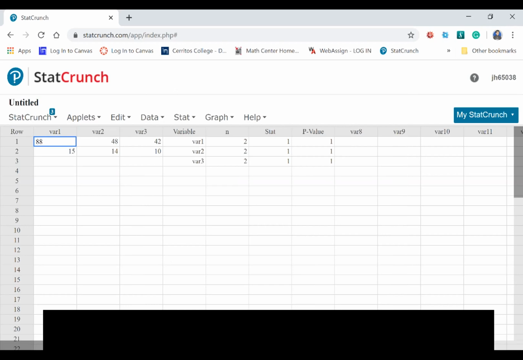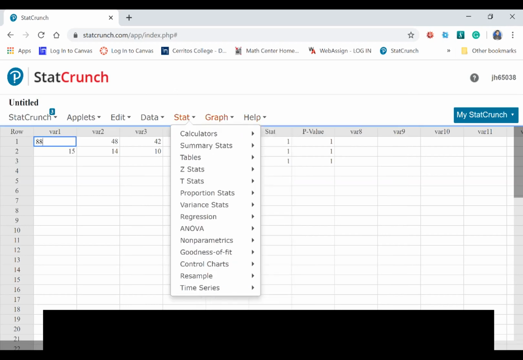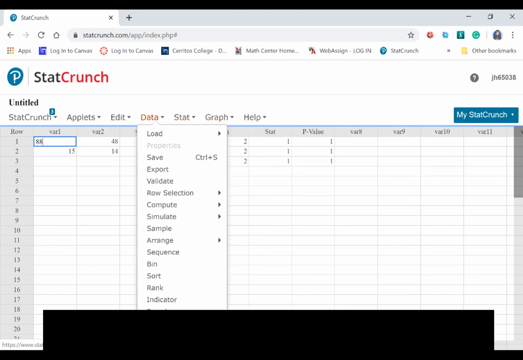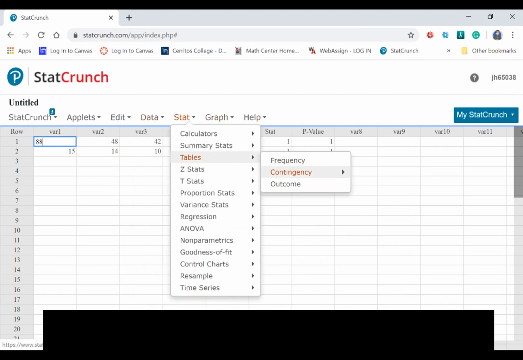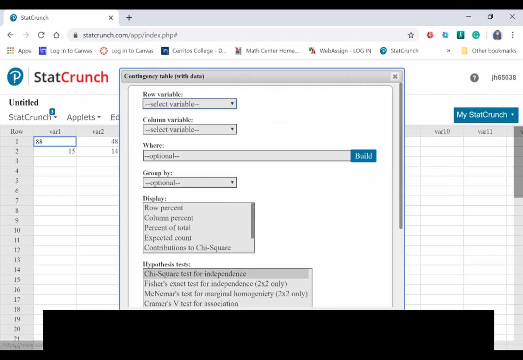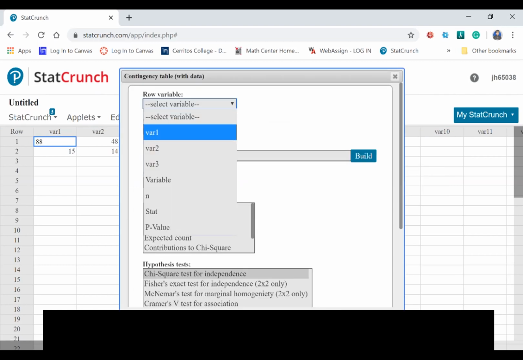What if I do this? Can I select these? No, I can't. Data, stats, tables, contingency with data. Select a variable. Expected count and control.